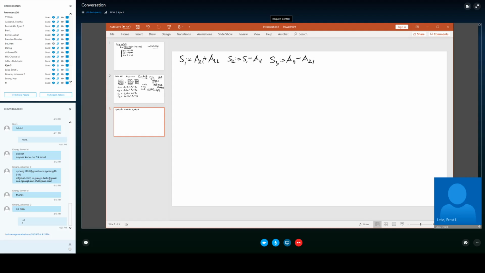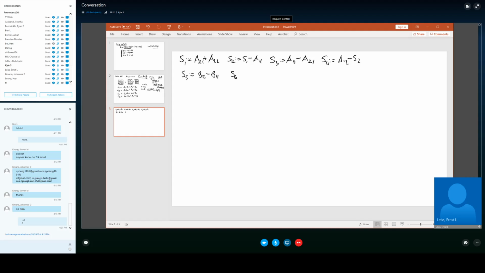So we have S1 is A21 plus A22, and S2 is S1 minus A11. S3 is A11 minus A21. S4 is A12 minus S2. Then we have S5 is B12 minus B11.